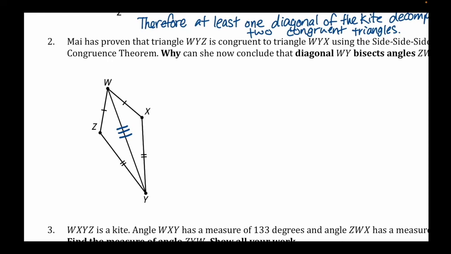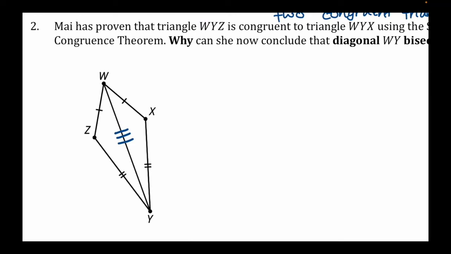Because WYZ is congruent to WYX, it means that our corresponding angles are here at the bottom and then here at the top. So that's the basis of this, is CPCTC, but it just happens that that's where those two line up. So I'm going to put this part in red. I'm going to say this angle and this angle, and then this one and this one.